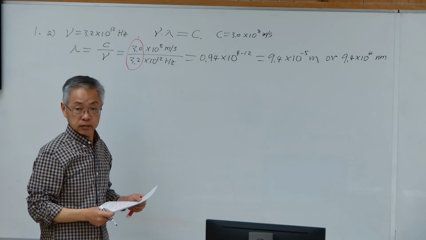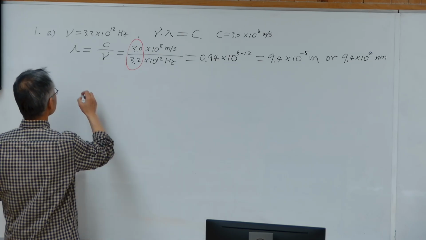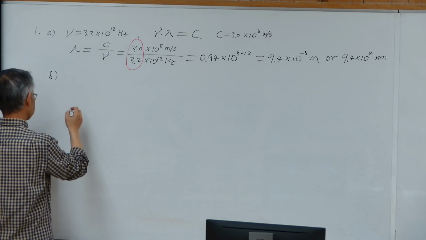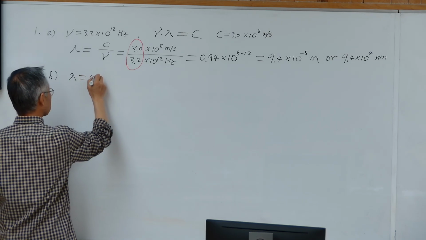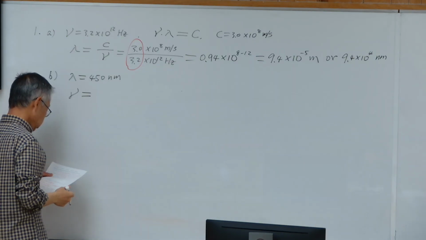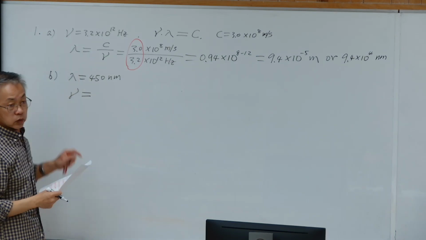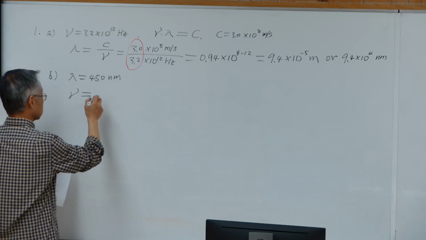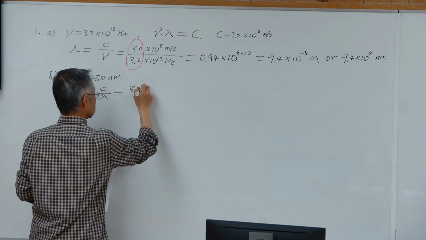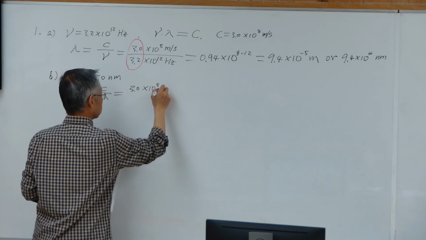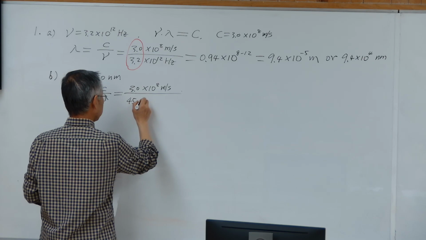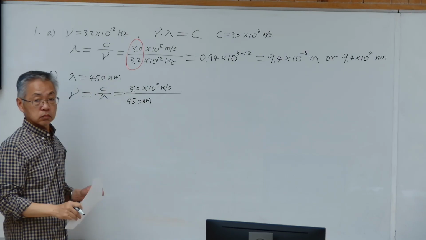Are you okay with this? Okay. And B: this time it tells you the wavelength lambda is 450 nanometer, and you calculate the frequency nu. You switch wavelength with frequency. So c divided by lambda is the frequency. c is the same, 3 times 10 to the 8th power meter per second. The wavelength is 450 nanometer, so you need to be careful.